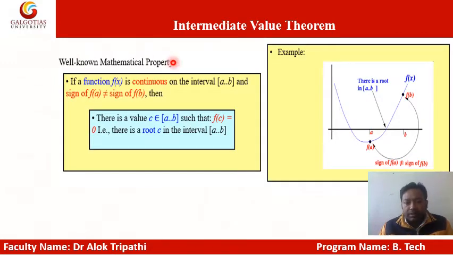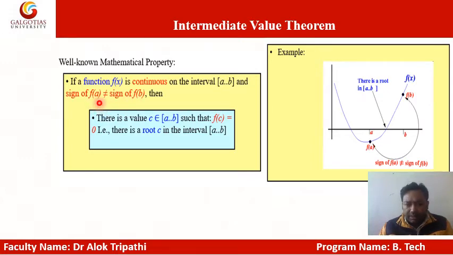Now see the intermediate value property. What is it? If we have a continuous function f(x) defined on a closed interval [a, b], and f(a), the value of the function at the first endpoint of the interval, and f(b), the value of the function at the second endpoint, are of opposite signs, means if f(a) is positive then f(b) should be negative.